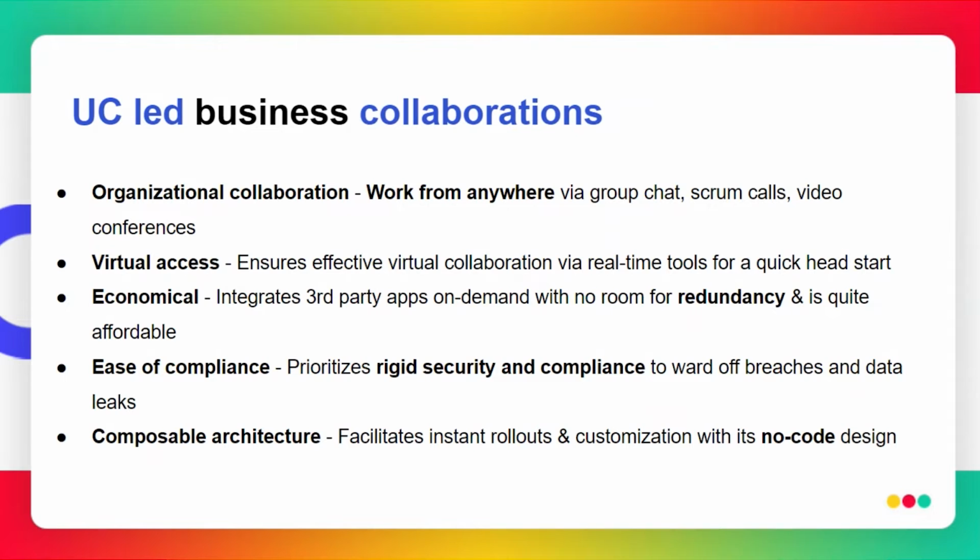And we can ensure virtual access. Even so, some people may have a question: if everything is virtual access, how do we ensure the security aspects as well as the collaboration aspects? The cloud provides a completely secured way of communication.